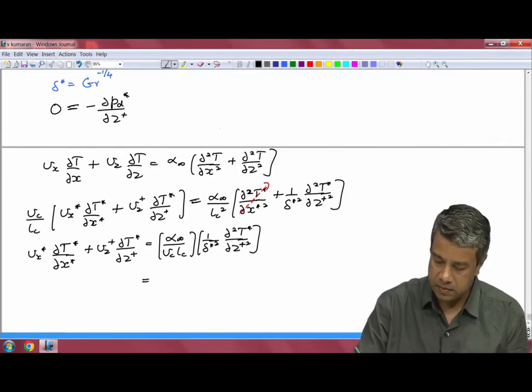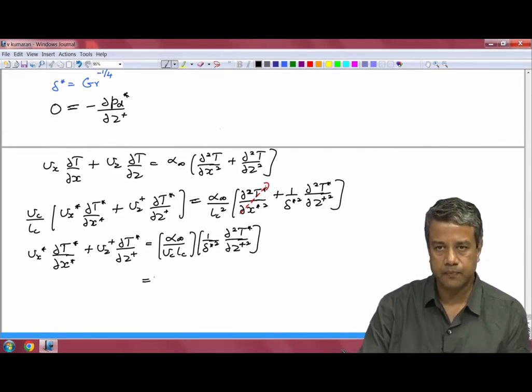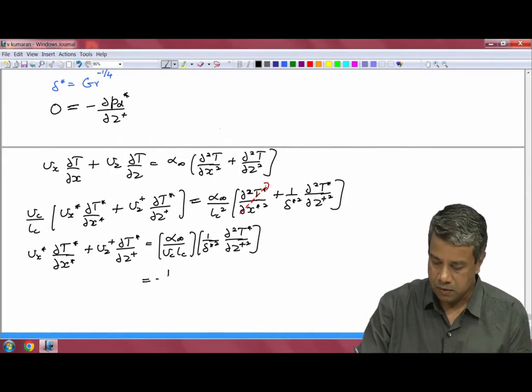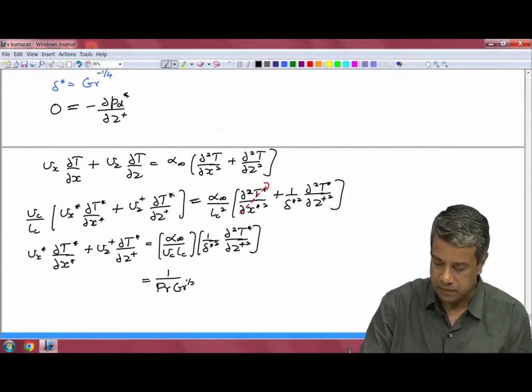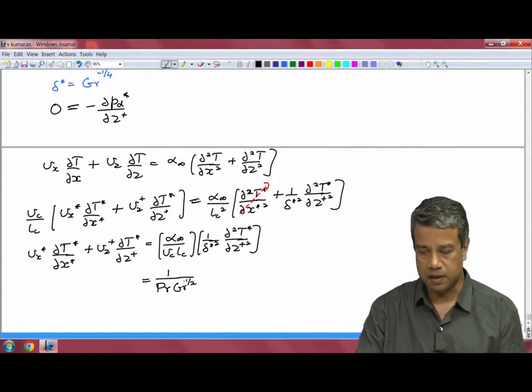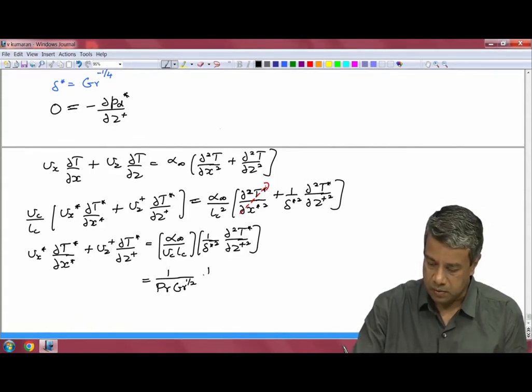Note that this term here was equal to 1 over Prandtl number times Grashof number to the half. This was the Peclet number, into 1 by delta square.